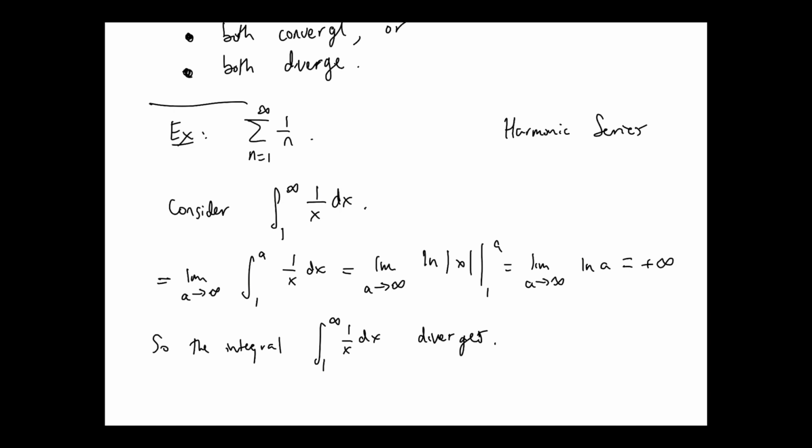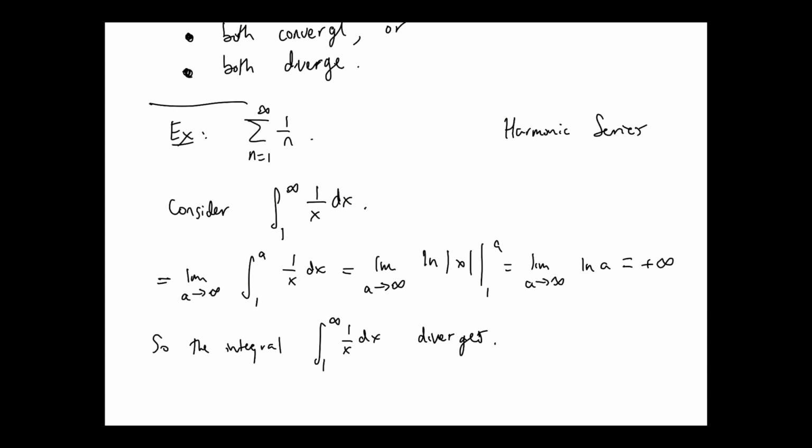In this case I've gone into more detail as to why it diverges than perhaps necessary, because we already knew the result from the p-test. But this is what you'd do if you forgot the p-test. So if the integral diverges, what must be true about the sum? It must also diverge.